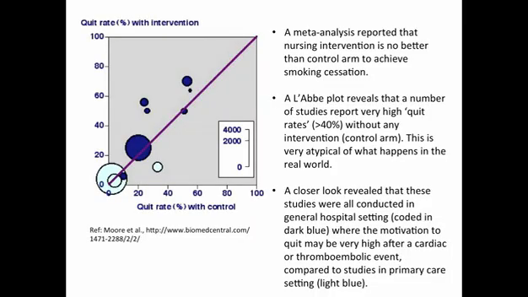A closer look revealed that these studies were all conducted in general hospital setting, coded in dark blue. Your motivation to quit smoking may be very high after a cardiac or a thromboembolic event for which you are admitted in a general hospital. Studies in primary care setting, shown in light blue, typically report a lower CER and a lower EER.